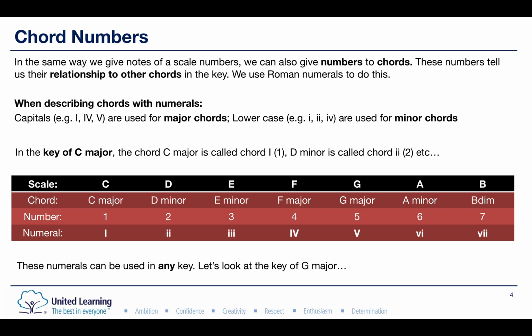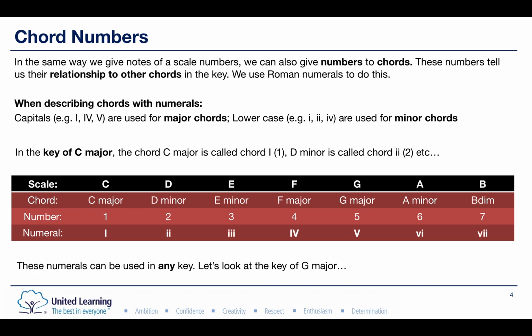So for example, in the key of C major, the chord C major is called chord 1, D minor is called chord 2, E minor chord 3, F, G, A, B, and C. The ones that are in the uppercase, C major, F major, G major, are all major, that's why they're in the uppercase, and the ones that are in the lowercase are the minor chords.